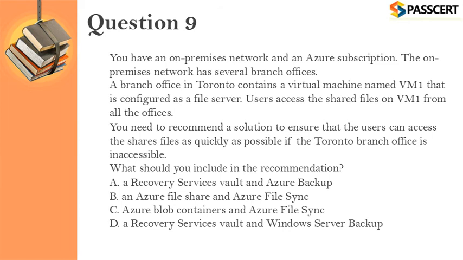What should you include in the recommendation? A. A recovery services vault and Azure Backup. B. An Azure file share and Azure File Sync. C. Azure blob containers and Azure File Sync. D. A recovery services vault and Windows Server Backup. Answer: B.